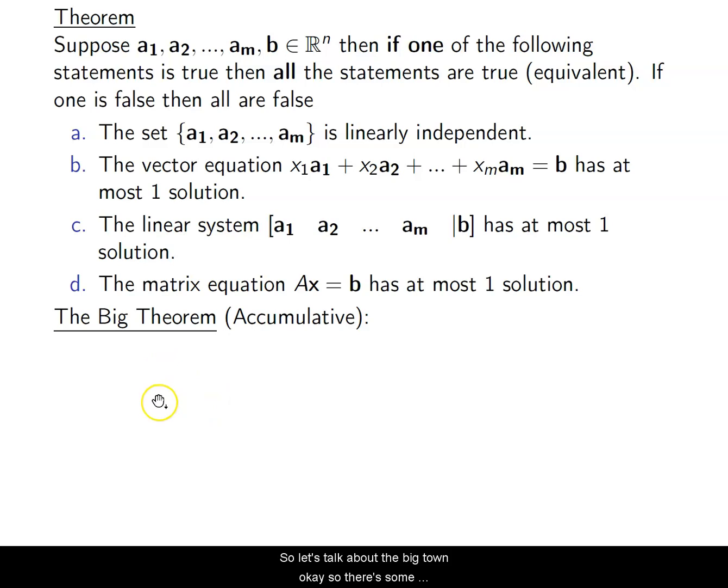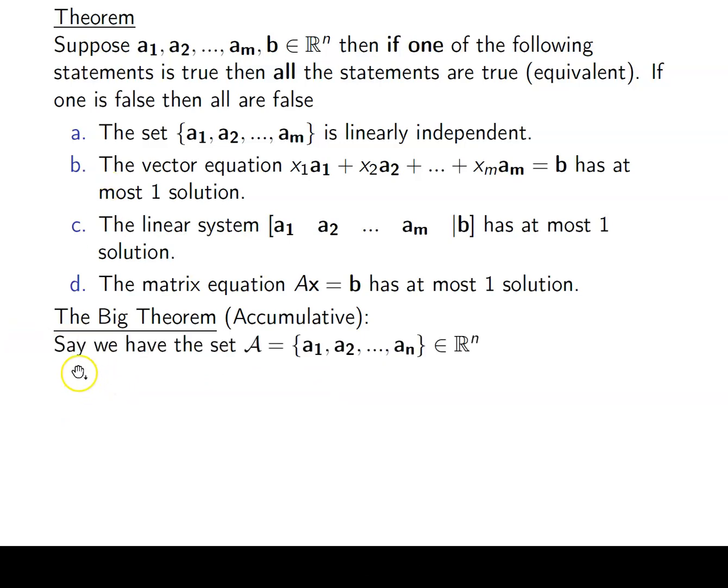Okay, so let's talk about the big theorem. There are some things that we need in order to talk about the items in this theorem. First of all, let's say that we have a set of vectors, and the set of vectors has n components, and there are also n of these vectors. So these two n's are the same. There are n vectors with n components.